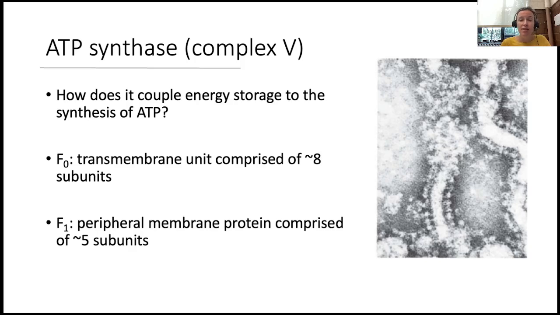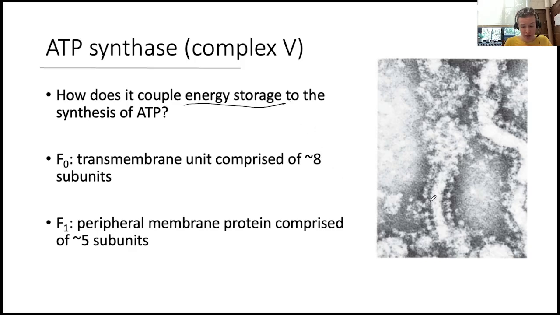The enzyme complex that performs the synthesis of ATP is called ATP synthase, or sometimes complex 5. It is super cool because it couples physical movement to a chemical reaction. Today, we're here to see how it uses the proton gradient to synthesize ATP.